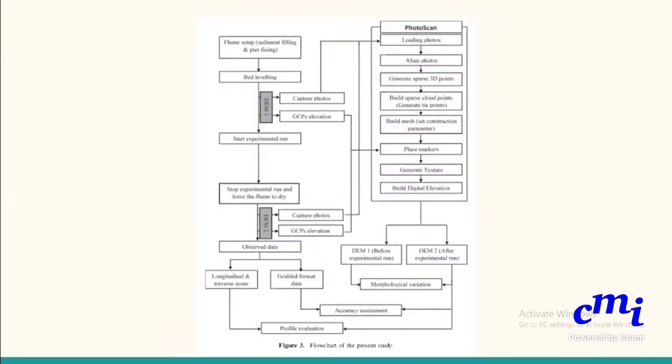After the run, they also take the observed data by the gauge and the sensors, and by image processing with SFM and all that, they get the morphological variation between the first DEM and second DEM, I mean, the before-experiment and after-experiment DEMs, and then they check the accuracy. And this is the evaluation flow of the paper. Next.